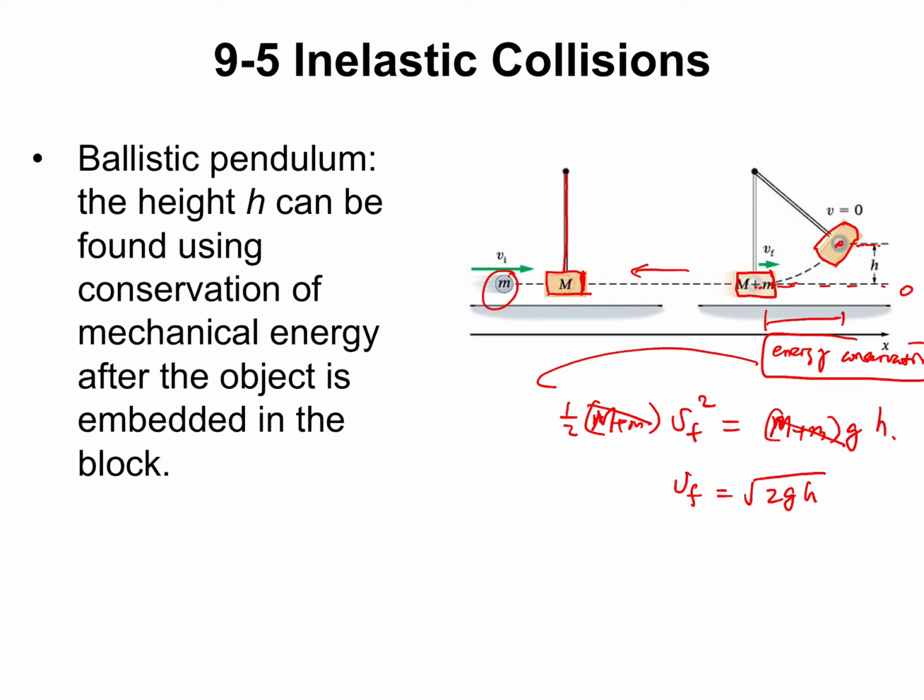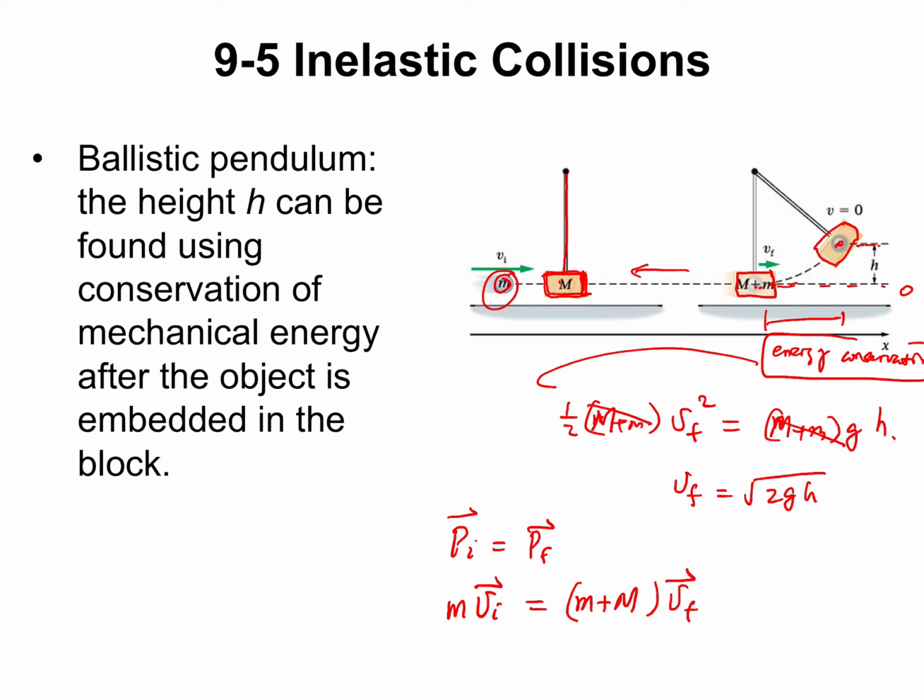Then you can go back to figure out the initial velocity. The bullet hits this pendulum, and before and after you have momentum conservation, so Pi equals Pf. This collision is a perfectly inelastic collision. Initial momentum is m vi, and final momentum is (M plus m) Vf.